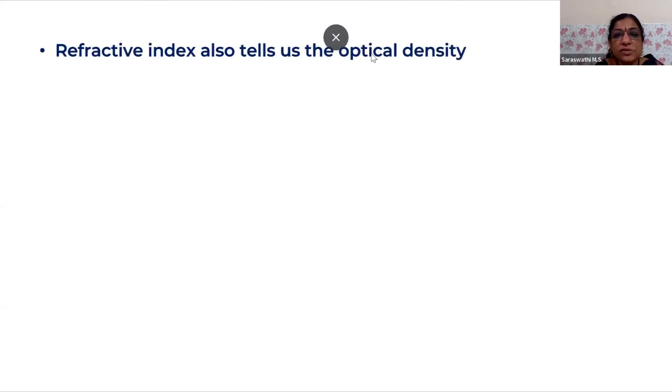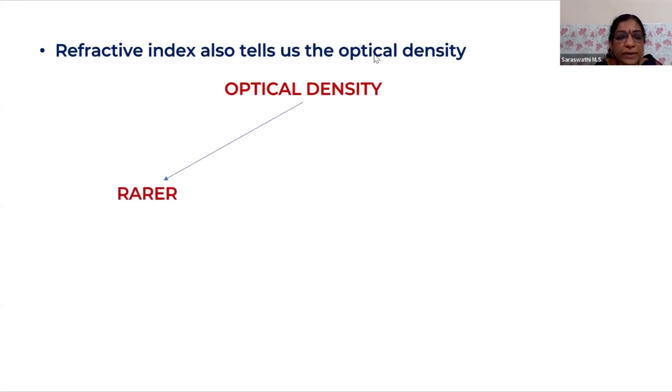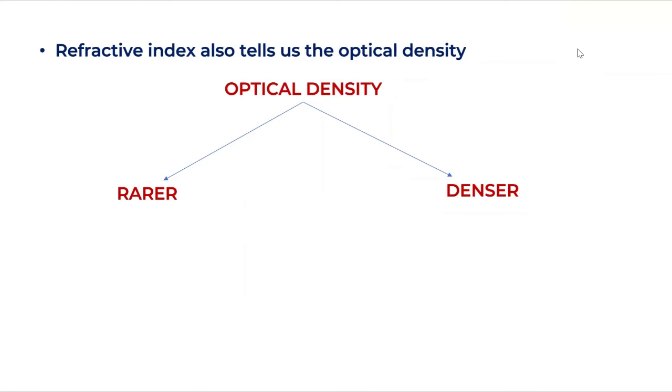See, it also tells us about the optical density. How do you classify optical density? You classify it as rarer medium and denser medium. So which has the highest refractive index? Air? No, ma'am.